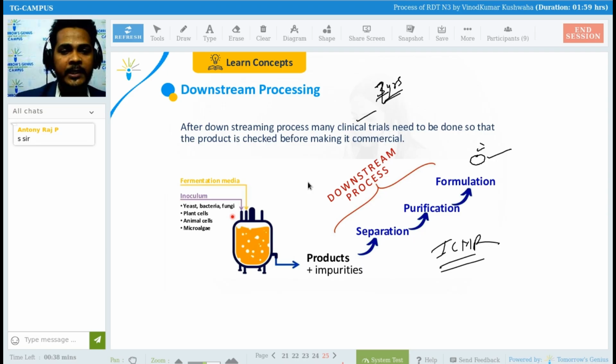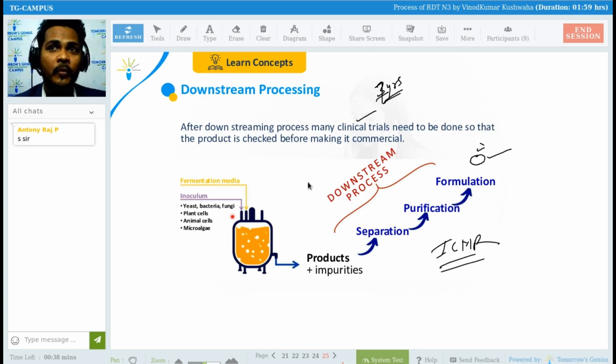So after the downstream process, it requires many clinical trials. The corona vaccine was developed within 2 to 3 years, because AstraZeneca and others got approval in emergency cases.